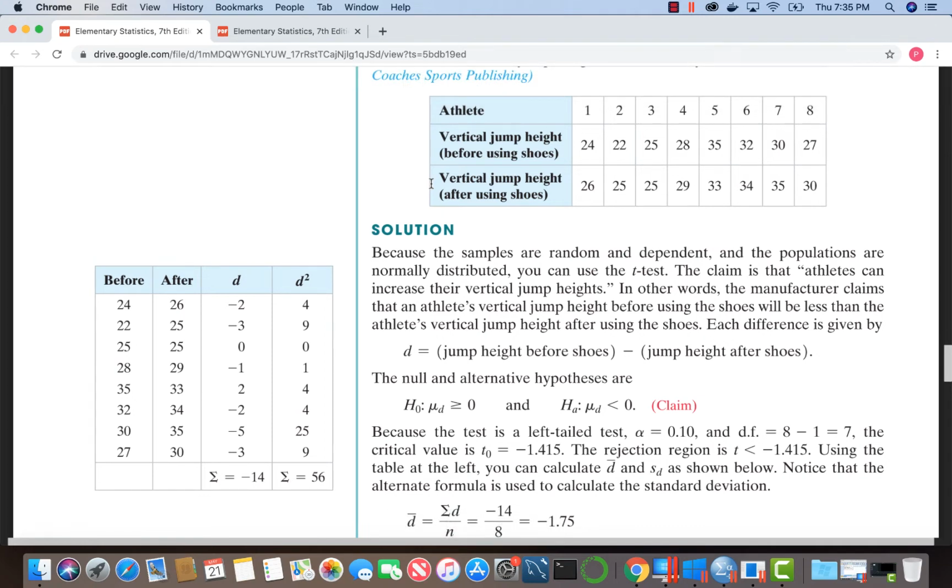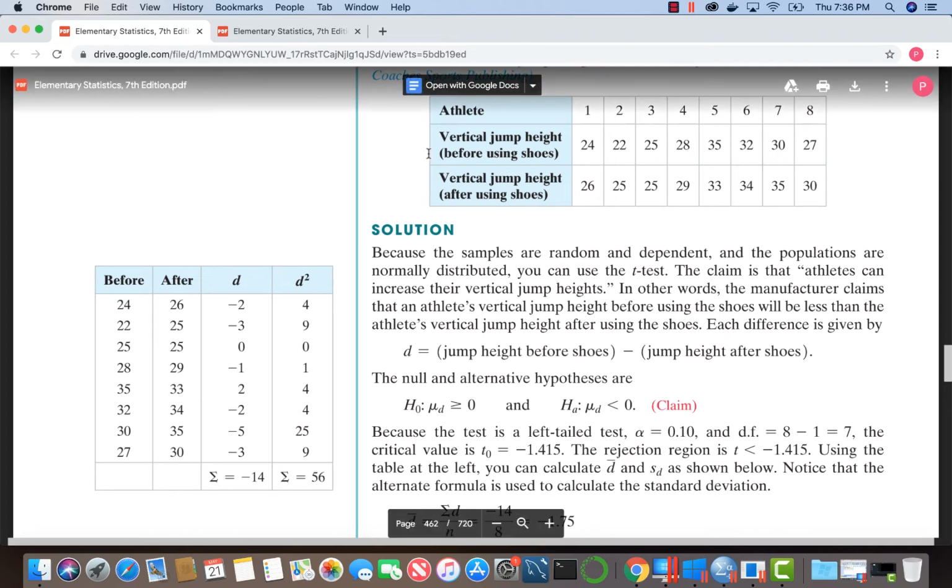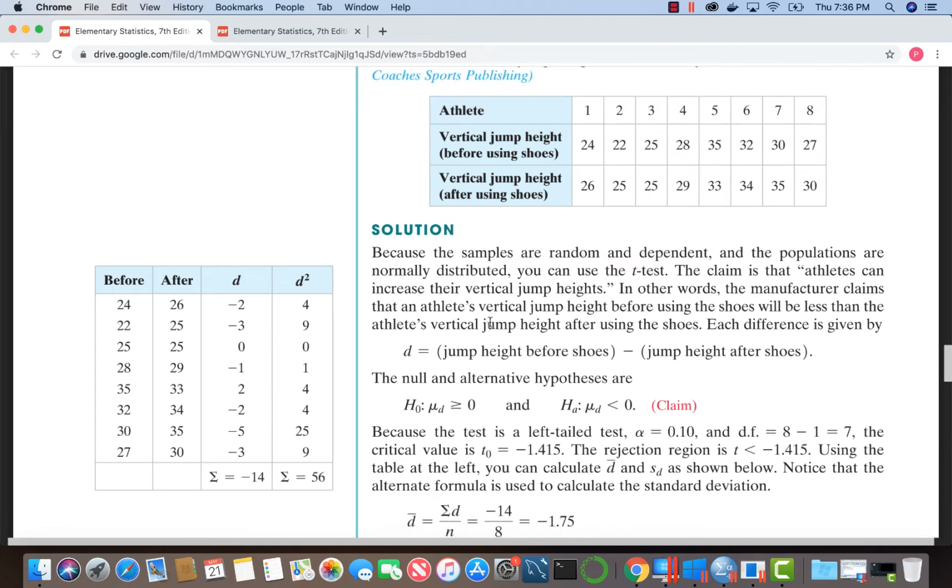Now this can be reversed. If you have a book that reverses it, just take note of that. For our purposes, we're doing before minus after. Now if we do before minus after and our claim is that they jump higher after they use the shoes, mu1 minus mu2 should be negative, because mu2 is higher than mu1.